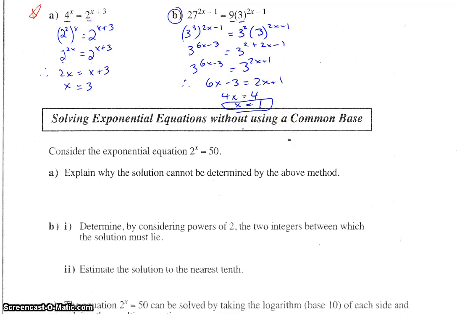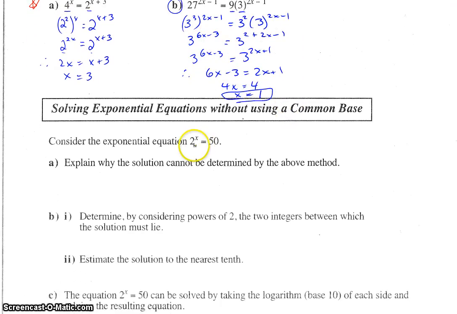Now, that was fine for when we can get the bases the same, but let's say we have something like 2 to the x equals 50. Well, if we tried to get 50 as some exponent of 2, you'll notice that there's no nice number that can do that. So we could test this out and see if we could guess.